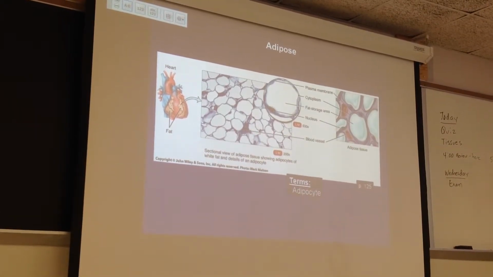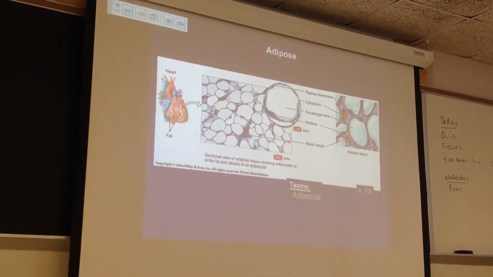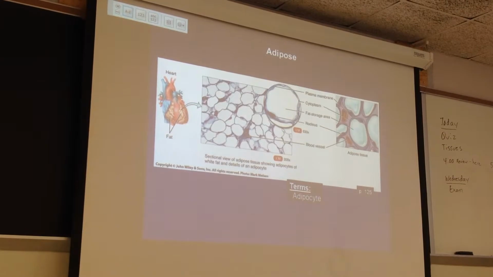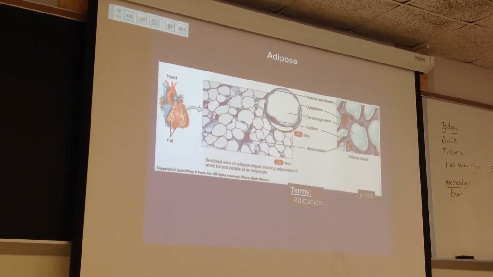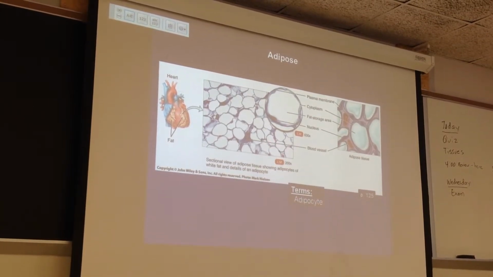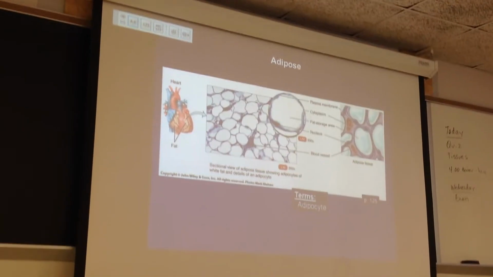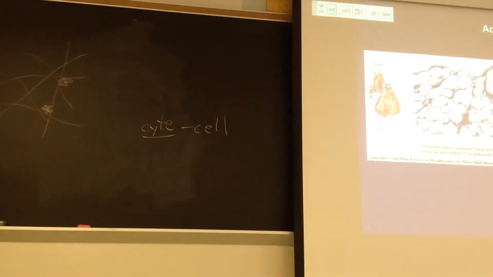Still more than epithelial tissues, but it probably has some of the least matrix of all the connective tissues. This one is primarily composed of some rather large cells called adipocytes. Cyte, C-Y-T-E, what's that always refer to? Cell, yes. That is a root that means cell. And so literally this is an adipose cell.